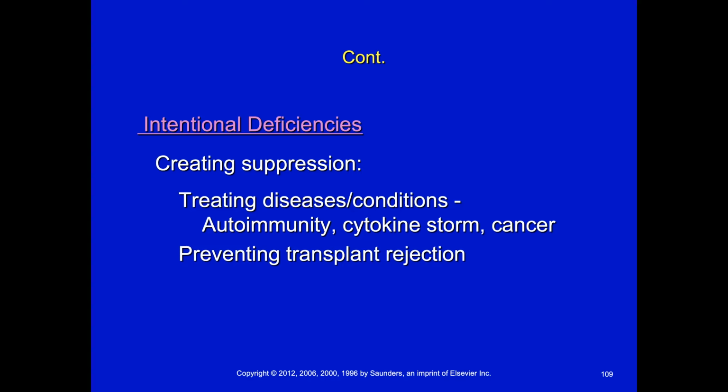If it is a very close match and there are just a few things that are not quite good enough, you will have rejection occurring, but at a very low, almost undetectable level. So again, especially initially when these transplants are done, you do want to suppress the immune system so that they are not immediately rejected, or sometimes medications are taken over a long time to prevent it from happening.